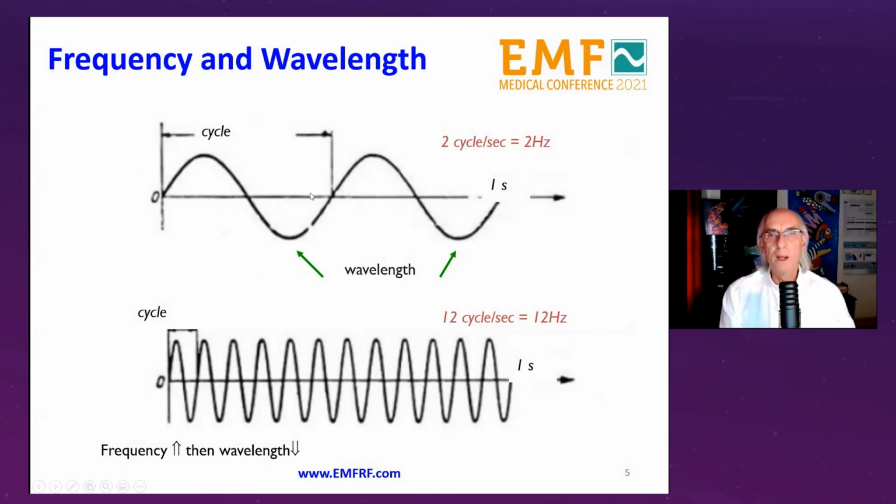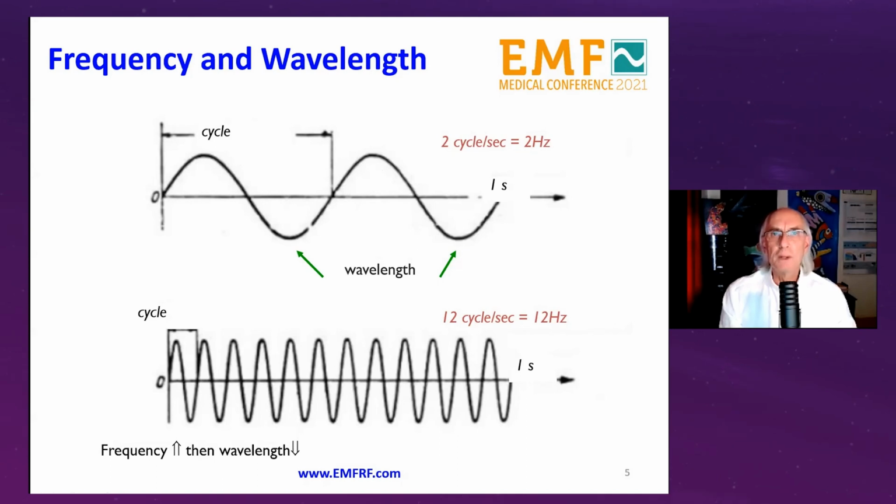That is one wavelength. And if this wavelength occurs within 1 second, then we call it a hertz, 1 hertz. If two of these waveforms occur within 1 second, we call it 2 hertz. And if you look below, if we have 12 of these cycles per second, then we call that 12 hertz.